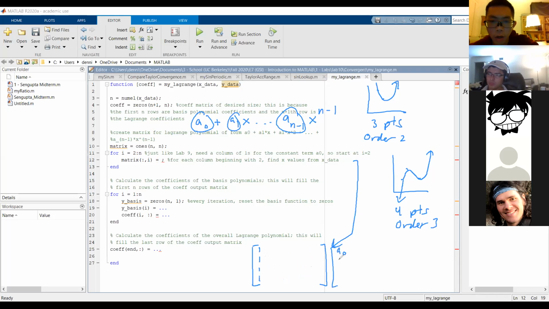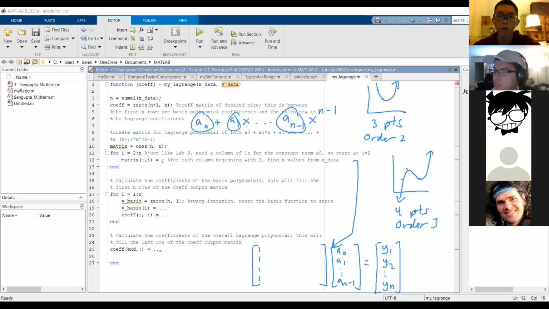That's a naught, a1, ... a n minus 1. Here are the coefficients. And then we're going to want to say, here are our y values. So y1, y2, ... yn. Yeah, it's not n minus 1 because we start at 1.